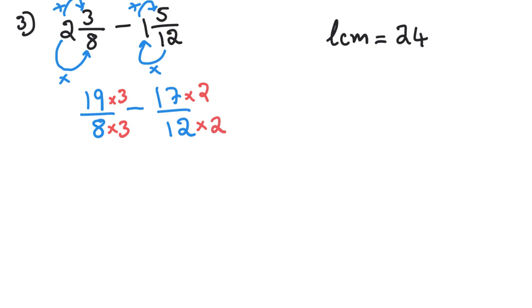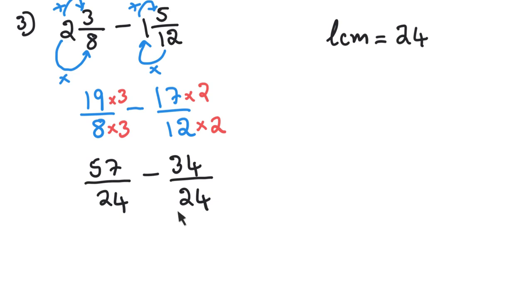Good. So now my new fraction is 19 times 3, which is 57, over 8 times 3 is 24, minus 17 times 2 is 34, divided by 12 times 2, 24.